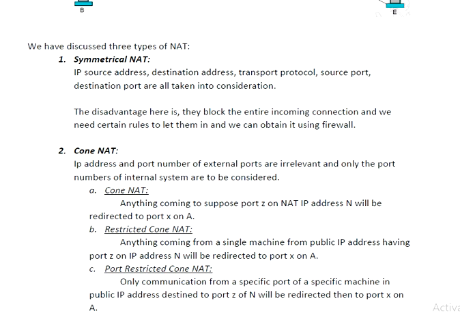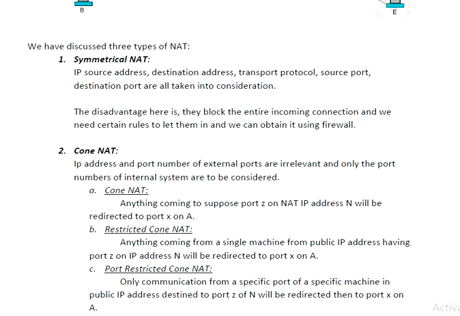The disadvantage is that if incoming packets are blocked, the entire incoming traffic is blocked; you cannot specify one. We need a certain rule to let them in, and we can obtain it by using packet filtering.